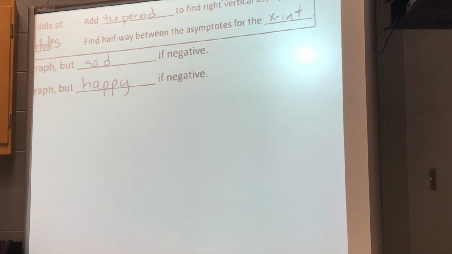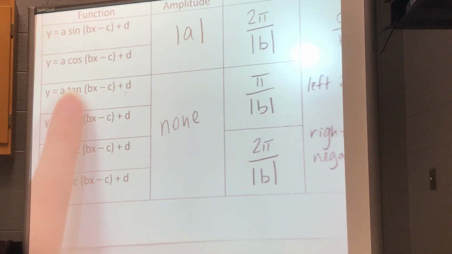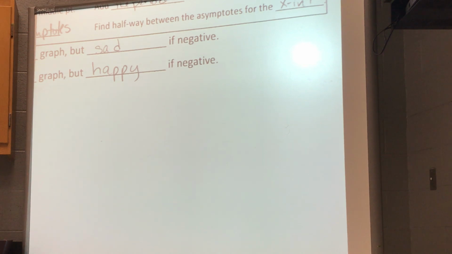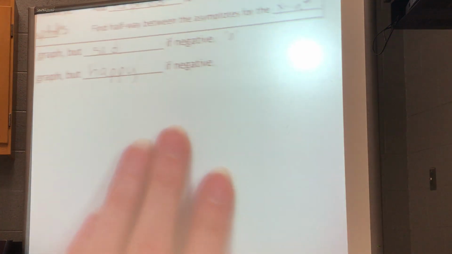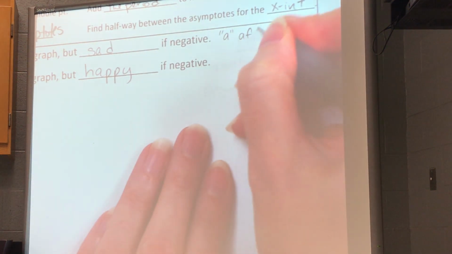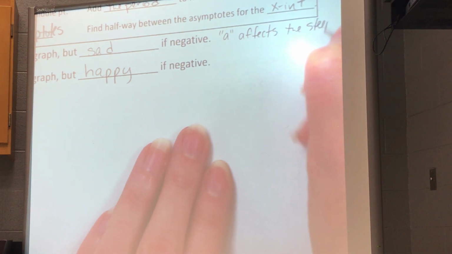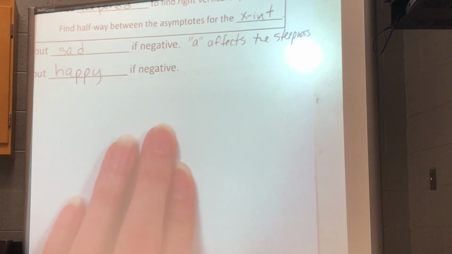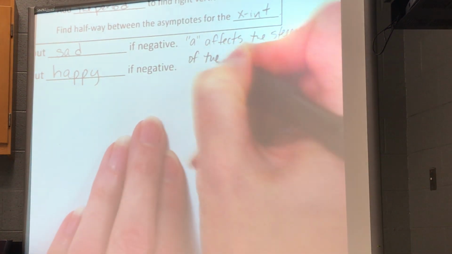So what we normally call A, which is the number in front of the tangent, or the number in front of the cotangent, affects the steepness of the graph.